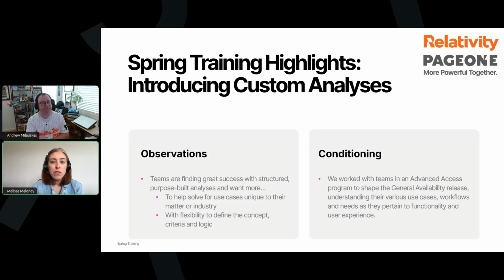However, we observed many teams were getting really creative and working into their prompts different things they wanted to see outside of relevance and key and issues to fulfill other tasks and use cases. So for example, just being able to extract a type of data out of different documents. And so there was a need to be able to do more and kind of trying to get creative to see if aiR for review could do that.